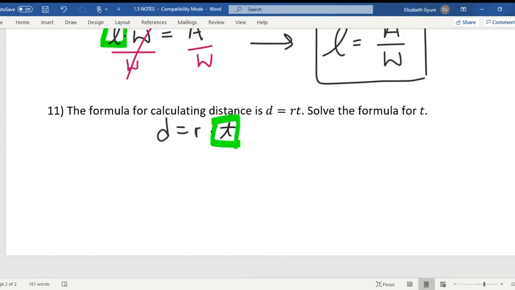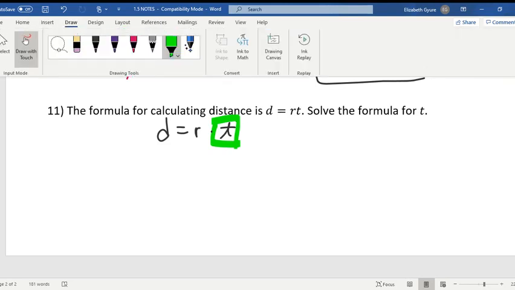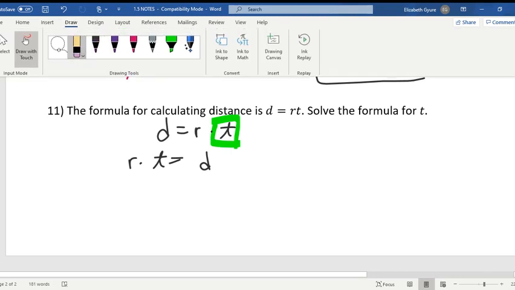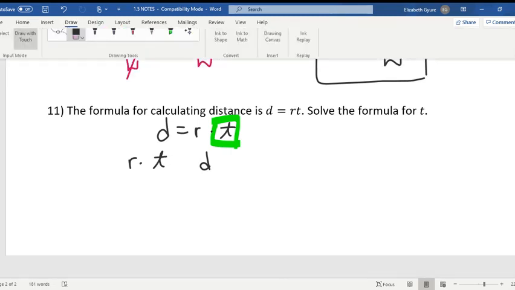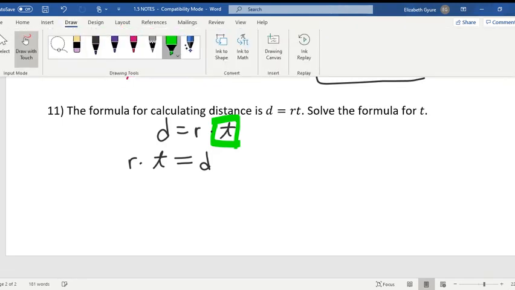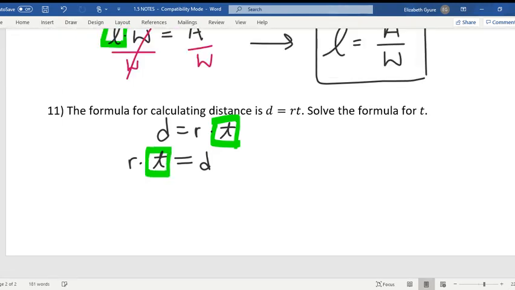So I'm going to take my entire problem and switch it around so that it's on the side we like it on. So I'm going to say r times t equals d. And since we didn't add or subtract anything, we don't have to worry about our signs. We just completely reversed it. Okay. Now t still isn't completely by itself. It has what letter next to it? An r.